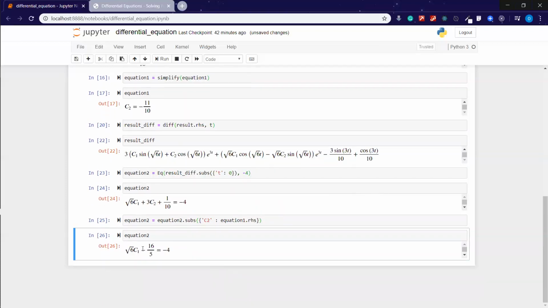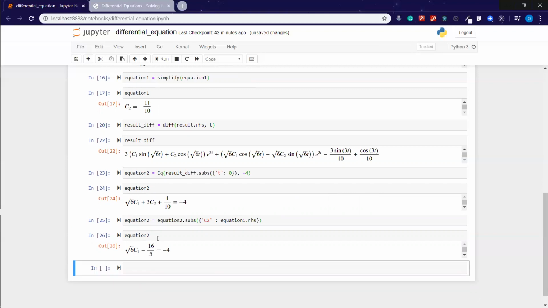Okay, so you can see that right now we have substituted for C2, and now we have just C1 and a bunch of values. So we could easily simplify equation 2, and we assign it simplify equation 2.